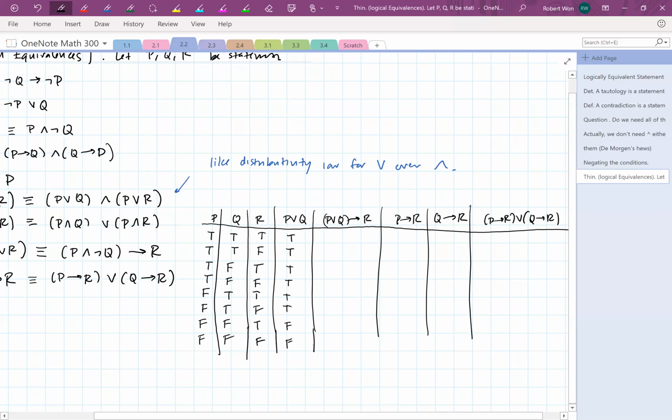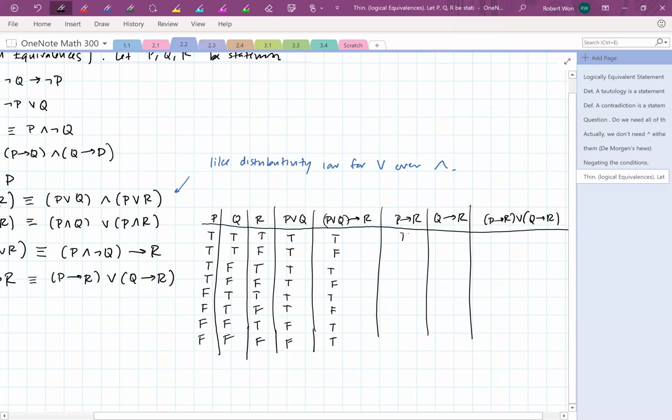P or Q implies R. That's only false if P or Q is true and R is false. That's only false here, here, and here. Otherwise, it's true. P implies R. That's only false if P is true and R is false.